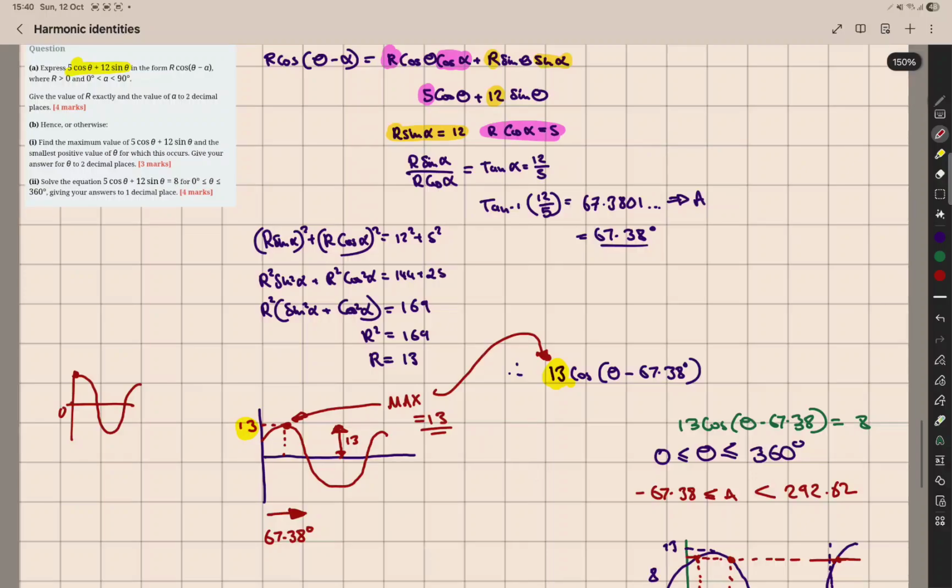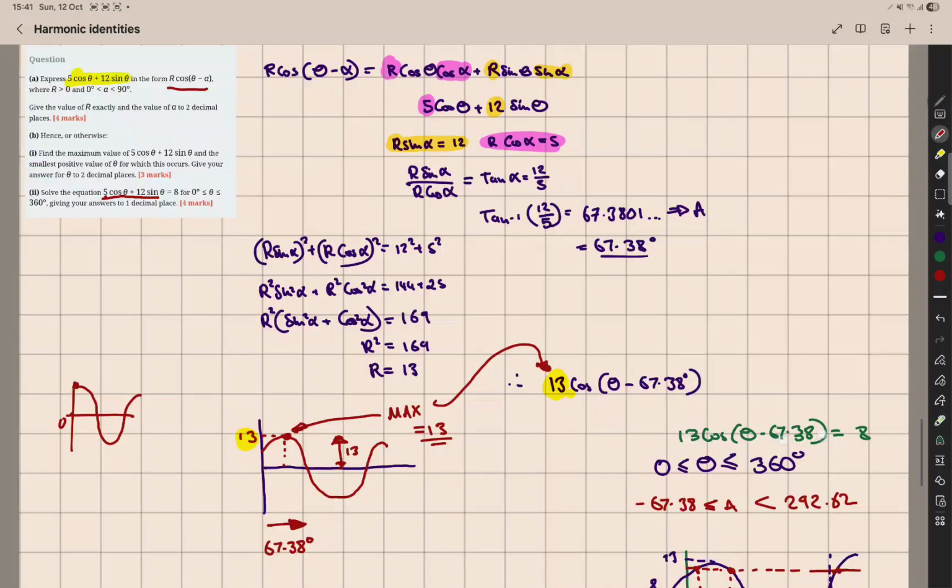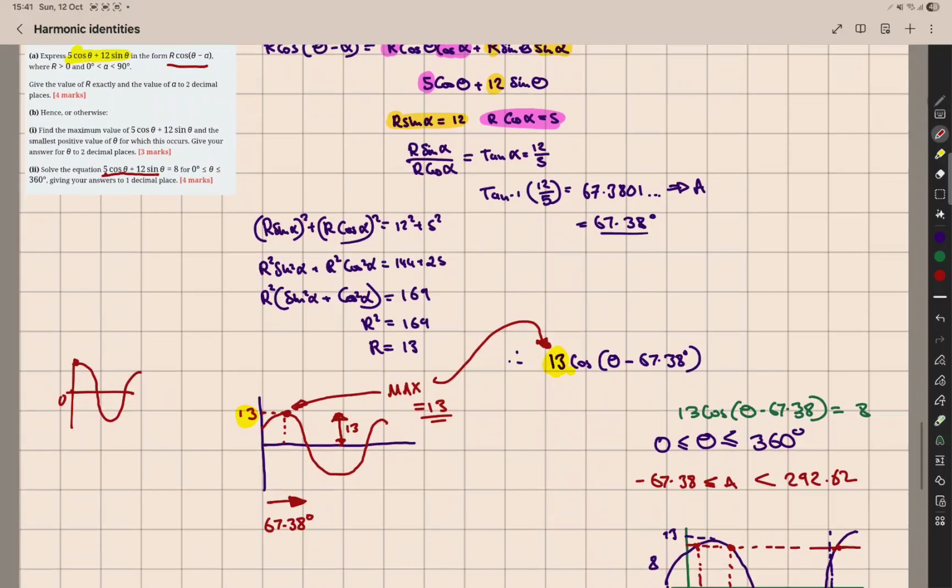The next part is actually solving this. As we said before, we can't solve it when it is in this form here, but we do have it in this form where it's a single ratio, it's just in cos. So whilst it's in cos, I can substitute my 13, which I know, and my 67.38, which I know. You can use exact values for greater accuracy. I know that my original limits were between 0 and 360 degrees.